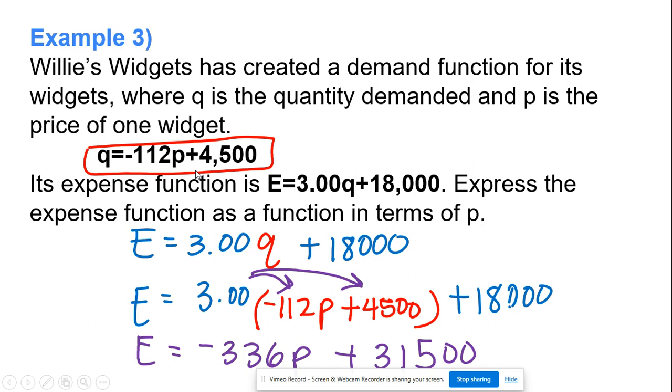Distribute 3 times negative 112 gives negative 336. 3 times 4,500, take that number and add it to 18,000, you get 31,500.